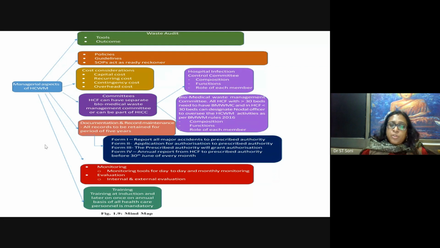For any type of management, the important feature depends upon its monitoring and evaluation. So here also we all know that monitoring and evaluation is very, very important. Otherwise you will not be establishing a system of good biomedical waste management practices.